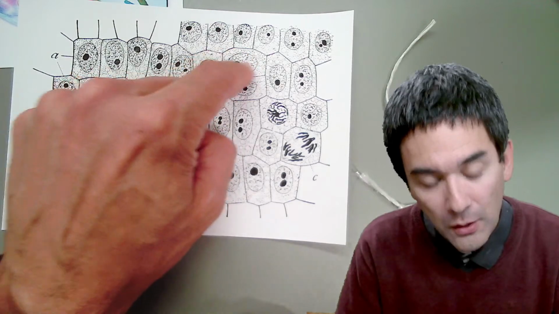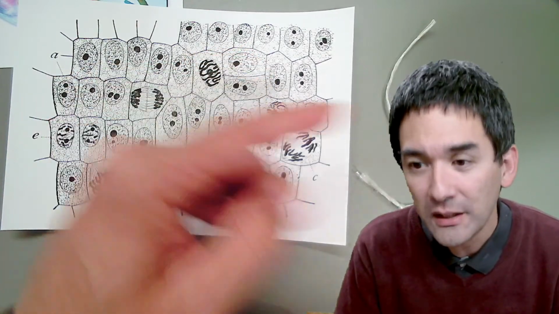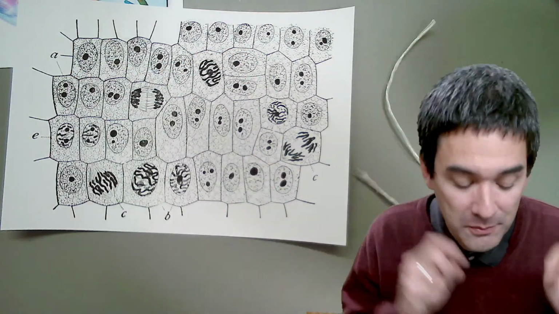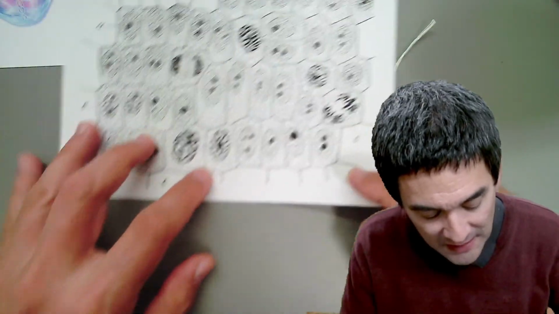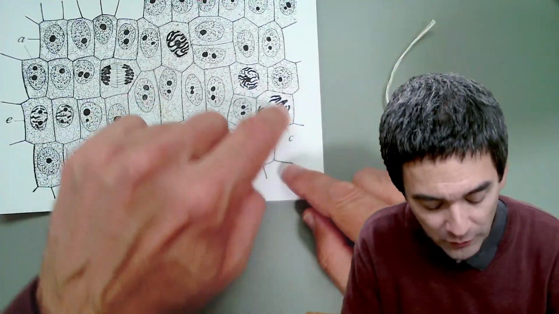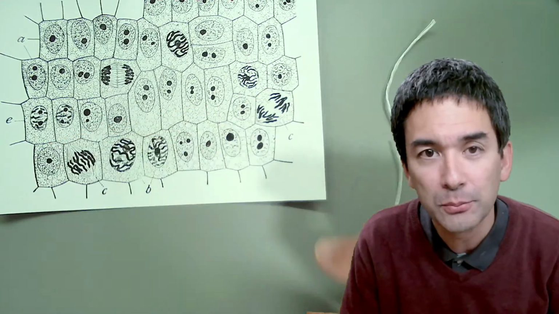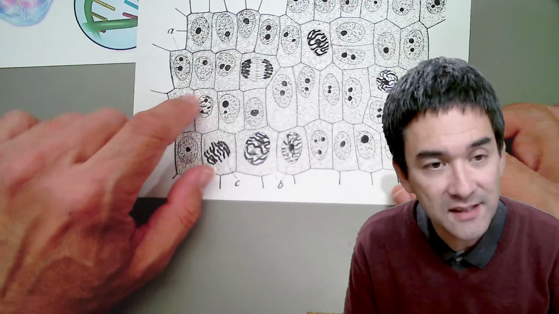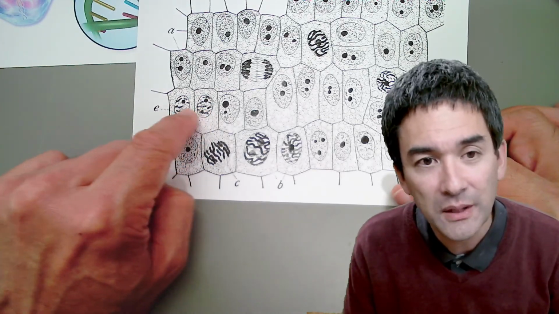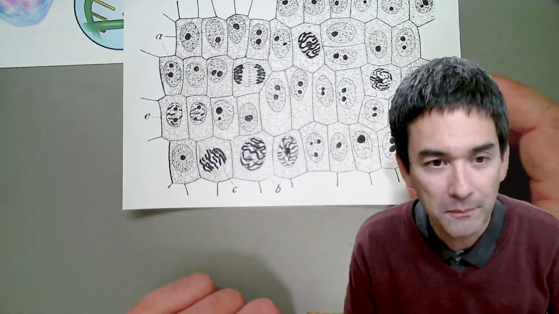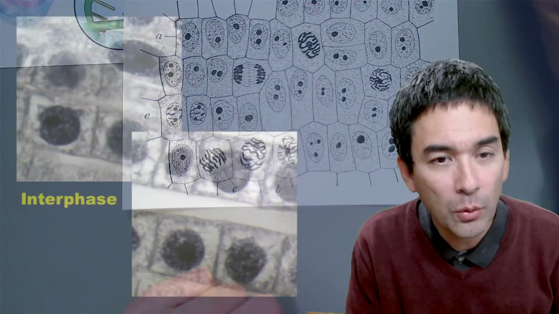They will form when the nucleus starts to disintegrate, becomes destroyed, the membrane dissolves, and the chromosomes start to appear. And you see over here in anaphase, there is no nucleus present anymore. And then later on in telophase, after the cell has divided physically, this is when the nuclei start to reappear.